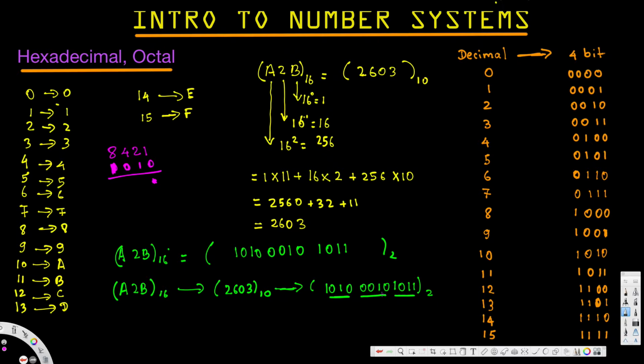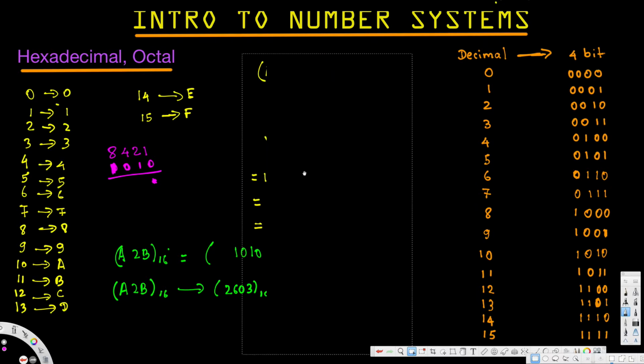Now let's see another example. Okay, now let's get rid of this table. We don't need this table. We can directly do this with this method, or we can compare with the table too. So let's keep this one for now. Let's get rid of this part.